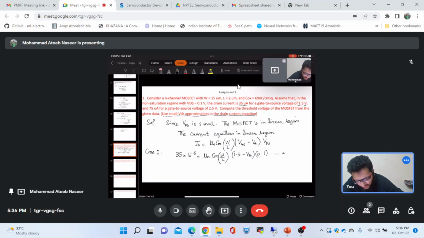Let me write it down as equation A. Now for 2.5 volts, the current is 75 microamperes. So case 2 is 75 microamperes of current. I will write it down like this: mu n Cox W by L, 2.5 minus VTH into 0.1, that is VDS. Let me write this as B.